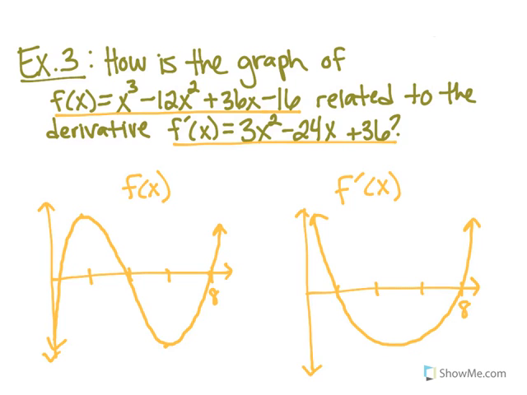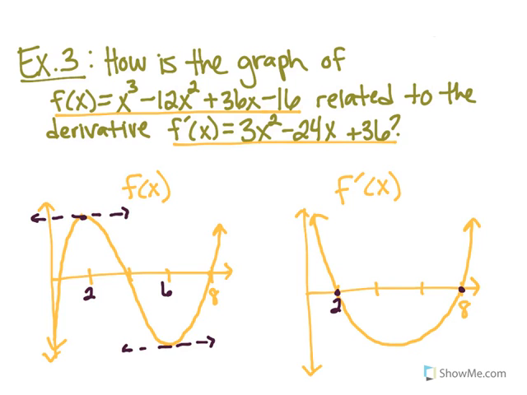The first thing that we're going to look at is where our horizontal tangents are. So if I take a look at my original function, I have horizontal tangents, in other words maximums and minimums, at 2 and at 6. When I take a look at where those horizontal tangents are in my derivative function, they happen to become x-intercepts.